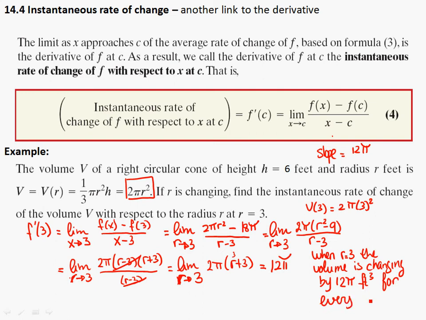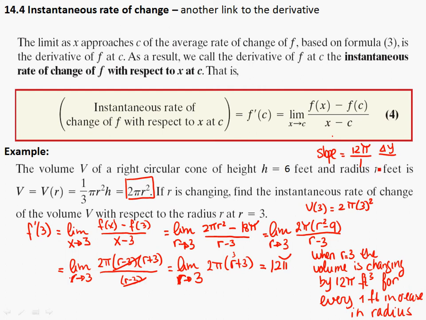For every 1 foot increase in radius. Because keep in mind this 12 pi represents a slope, and slope is usually a fraction, with the top one being your change in y. That's the 12 pi cubic feet, and the 1 represents what?